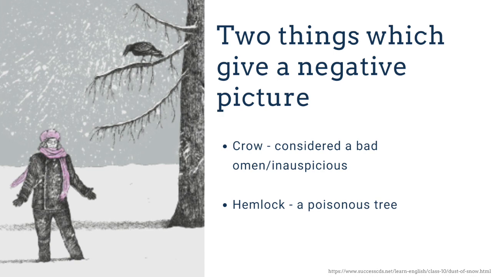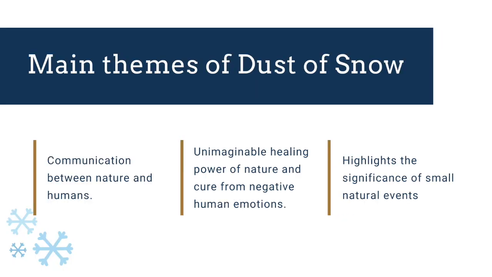So now let us look at the main theme of the poem. First is communication between nature and humans. That means it shows communication or some kind of connection. God created nature for man, and everything in nature is connected to man. And this poem clearly shows the communication and even the connection between nature and humans.